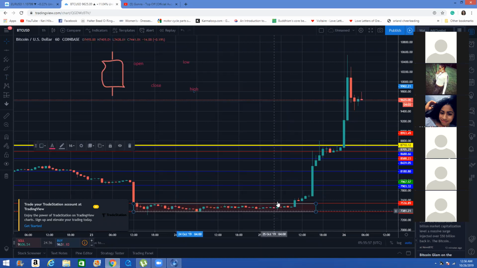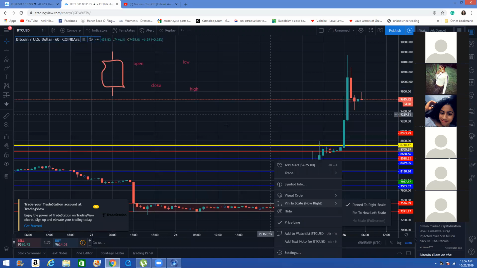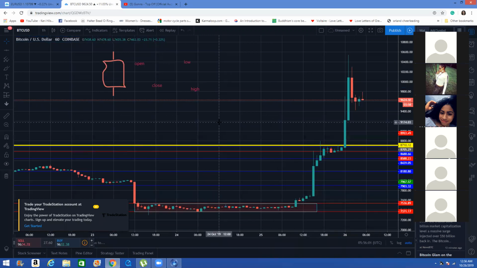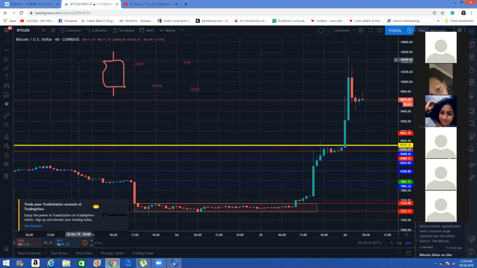What's the technical word for selling candles? Bearish, right? So in order for something to be bearish, it must be dropped.